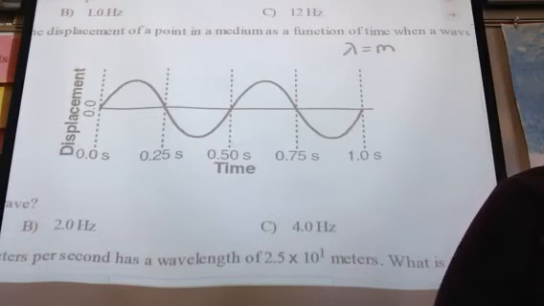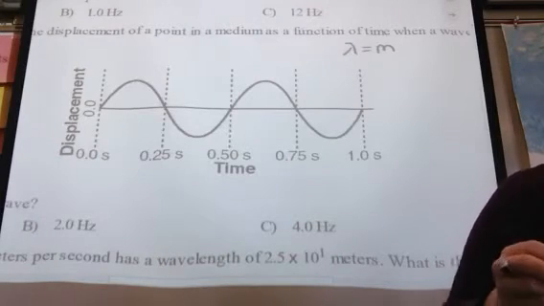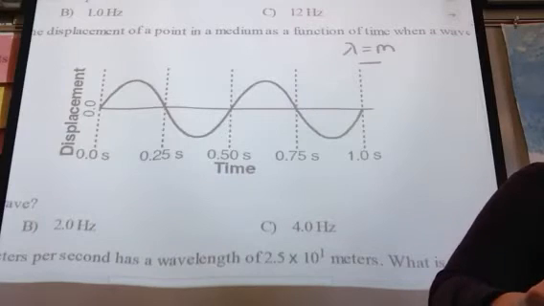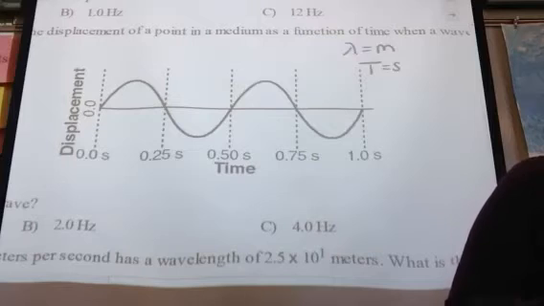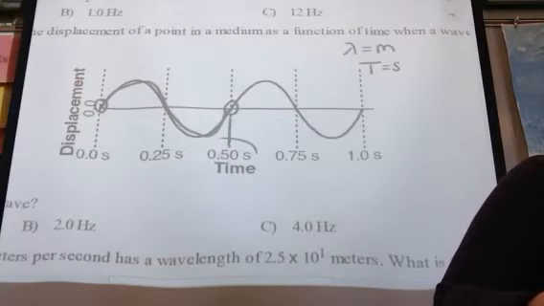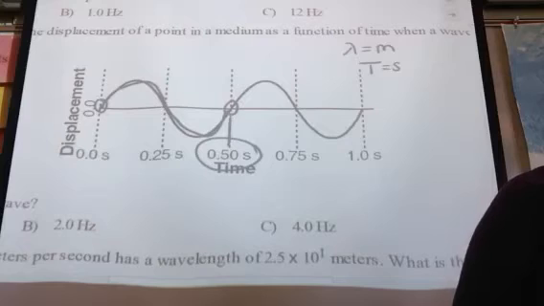The next one is period. The period is represented by the letter T, and it's measured in seconds, and it is the time for one wave to pass a certain point. So, starting at 0 seconds and going for one complete wave, the period of this wave is 0.5 seconds.